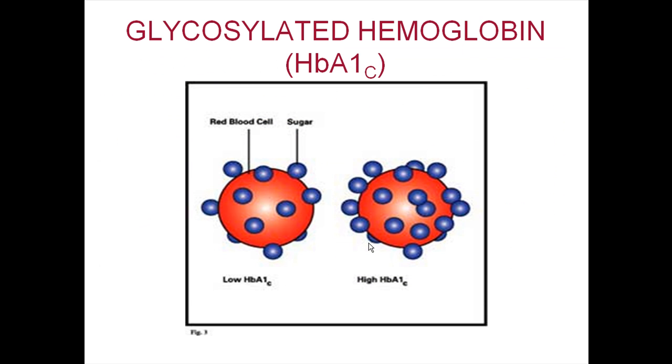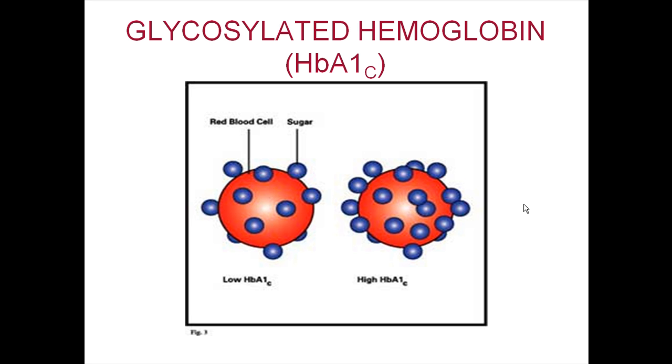And here's just an example of glycosylated hemoglobin, where you basically have sugar attached to your red blood cells, and that's an indicator, because red blood cells live, well, not live because they're not alive, but they stick around for about 3 months.